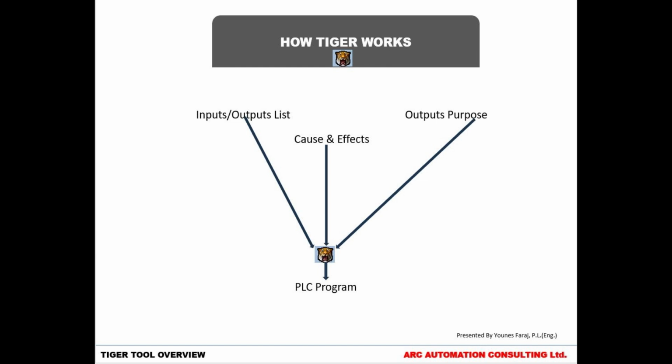And those components are your input and output list, your cause and effect matrix or shutdown key matrix, as well as the output's purpose. And once we have these three components, we can generate your PLC program in very simple steps, as we are going to see here shortly.